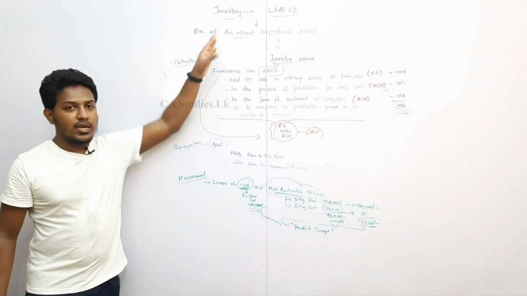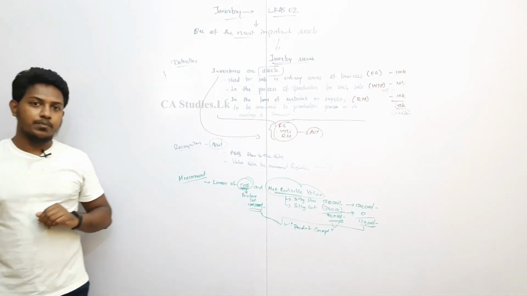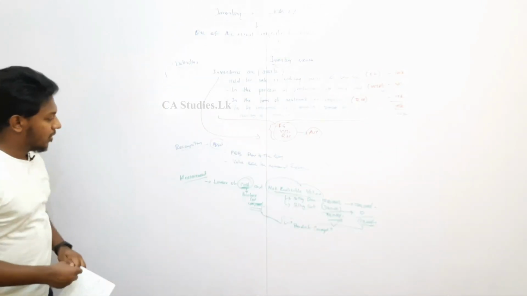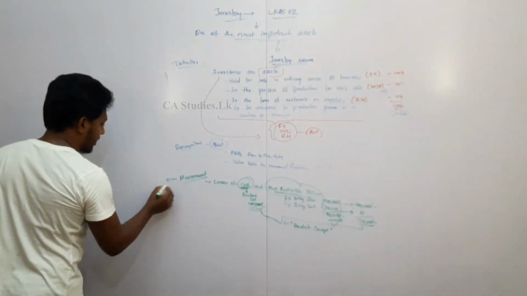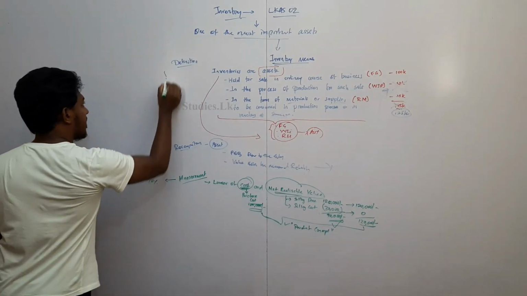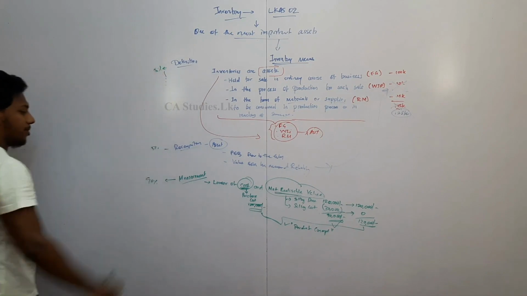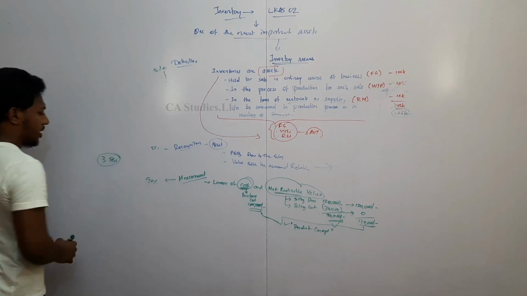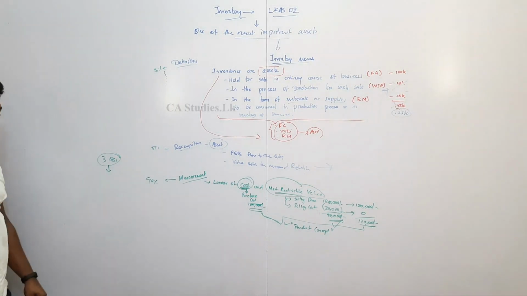If I take inventory as 100% in the exam, if inventory questions are 100%, from measurement your questions will be 90%, recognition 5%, and 5%. Now if only 3 questions come in the exam, 90% of 3 questions is 2.5.